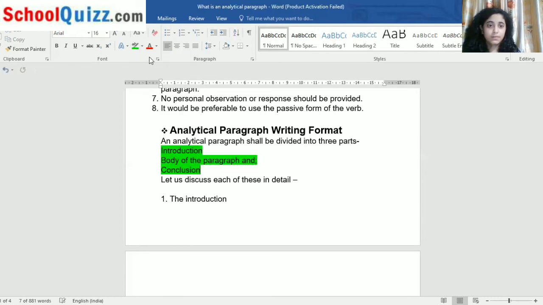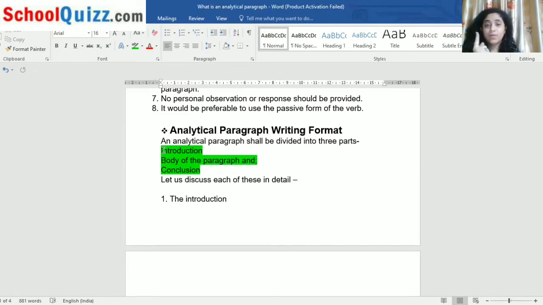The first one is introduction. How you will introduce the chart will be included in the introduction. We'll see in the next lecture how detailed we can write the introduction and what points should be included, but till then we have to see how the introduction is written.